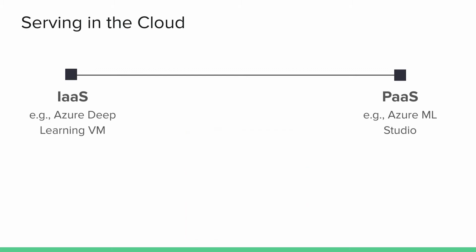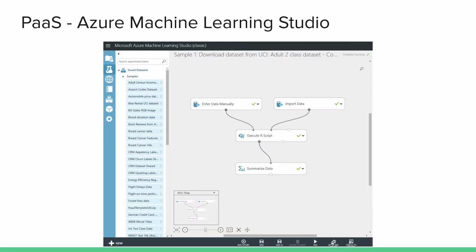Azure Machine Learning Studio would be one example here. And it looks like this, where you basically click and drag together your pipeline that you want to execute. And then in the middle, there is your training step. And then you can say, okay, that's my model and my entire pipeline, please run this now.